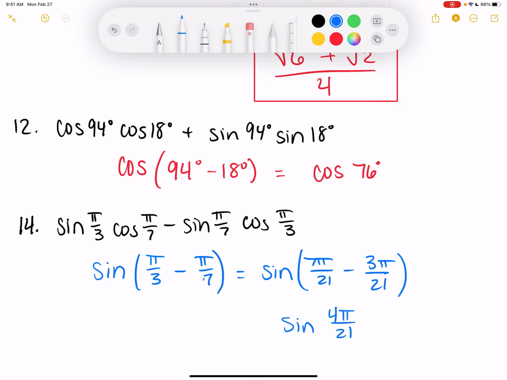And just leave it like that. So when you're working in this direction, do not convert. The other direction you can convert, because you should be able to find a common denominator and add or subtract.